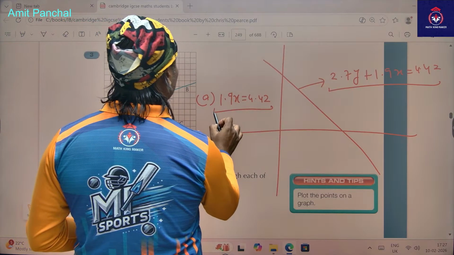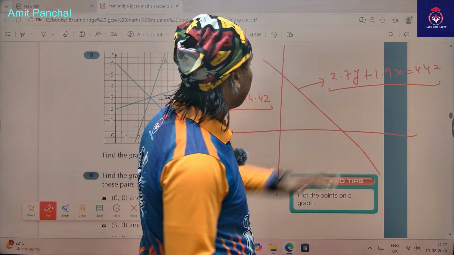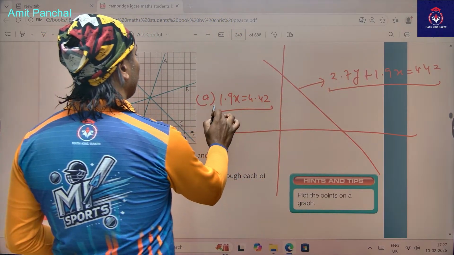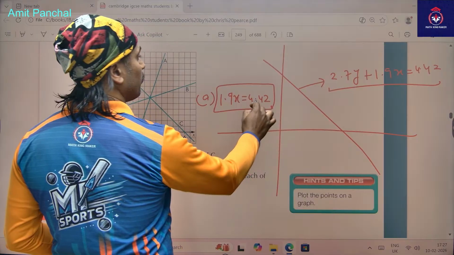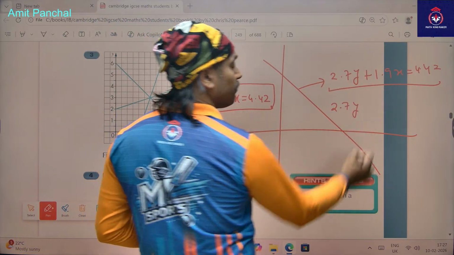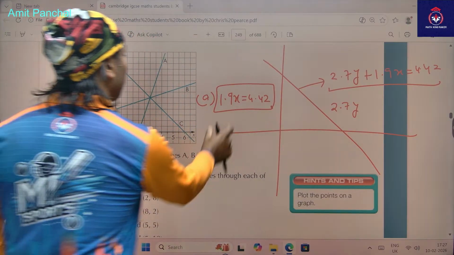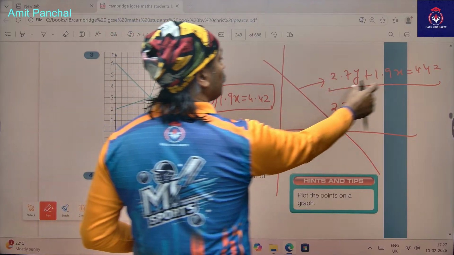So first of all, we'll solve this equation. Just put 1.9x equals 4.42 into this equation. How do you do that, sir? You just have to replace 1.9x equals 4.42 into this equation.